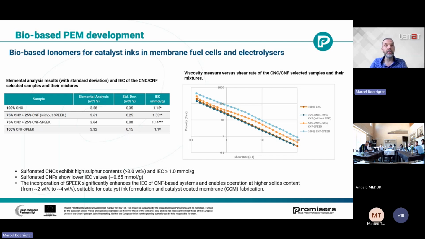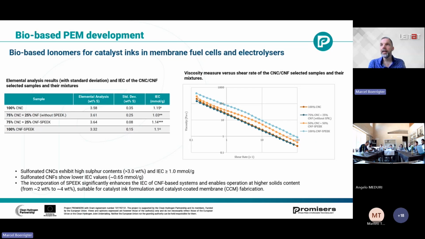So we were able to obtain IEC over 1. That was the primary goal. As you can also see, the sulfonated CNC has a higher IEC than the sulfonated CNF.